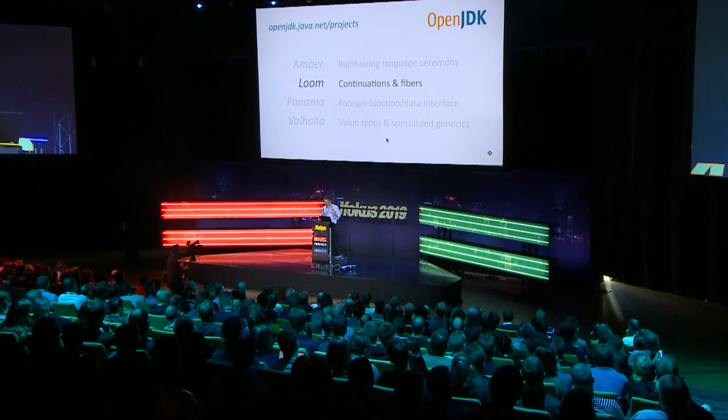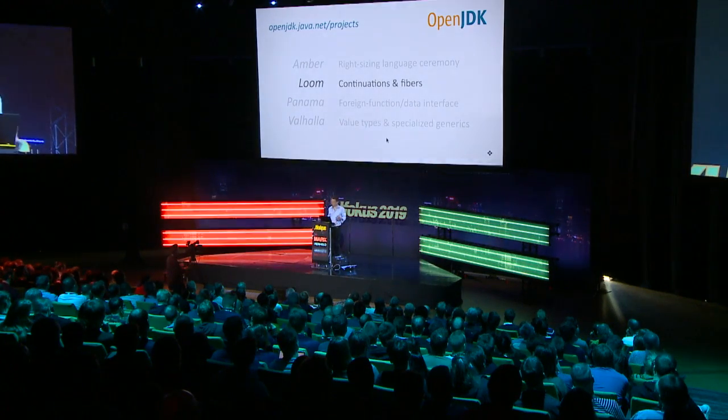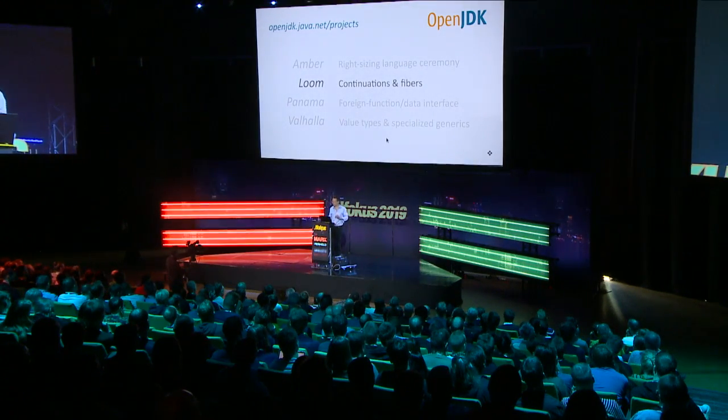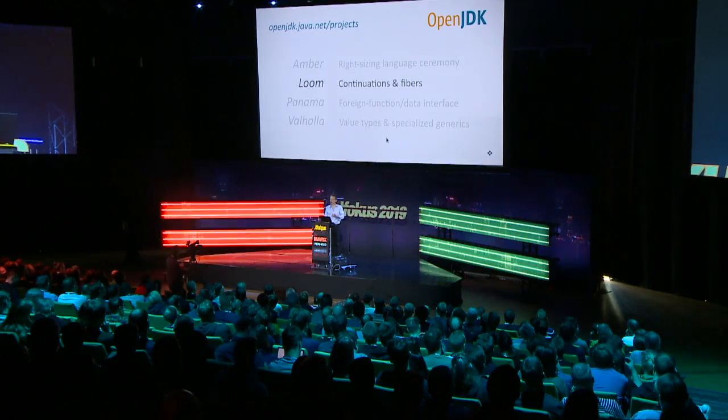If you're familiar with other languages, continuations have been a big thing in the Lisp community for decades now. It's another example of Java borrowing well-established concepts and techniques from other languages and platforms, considering them for Java, and making them look like they fit in, making them part of the Java platform in an integrated way, rather than just bolted onto the side.